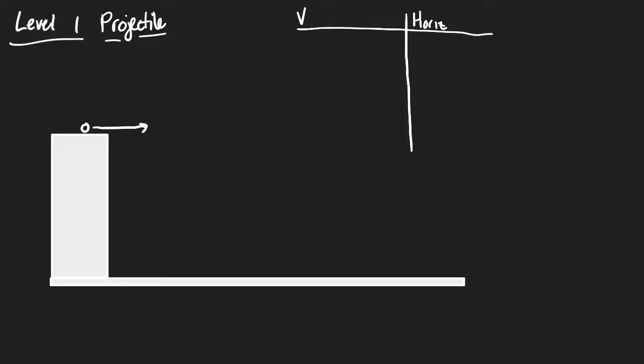And the reason, I think, should be obvious after our discussion yesterday: only one of these is experiencing an acceleration. And it's this one. The vertical part of the object's motion experiences an acceleration. The horizontal doesn't.